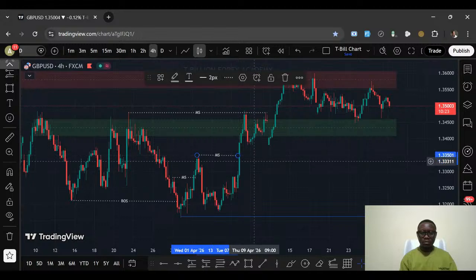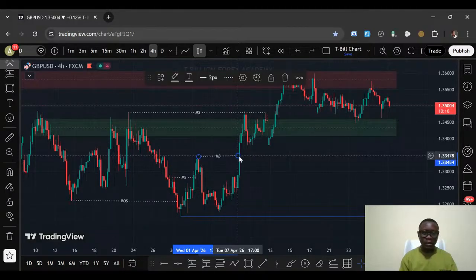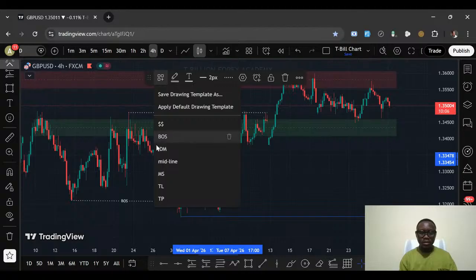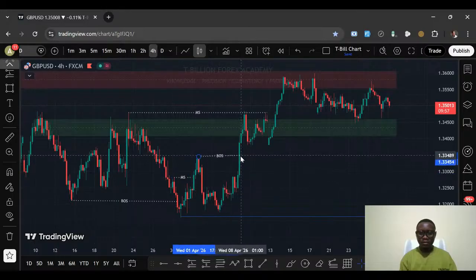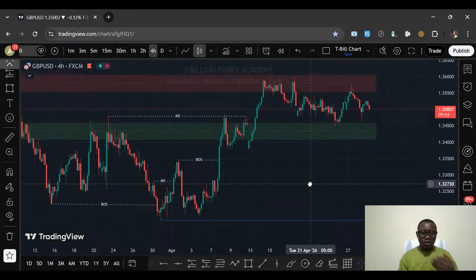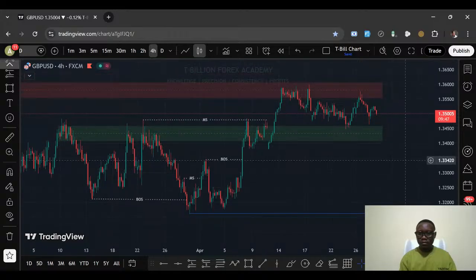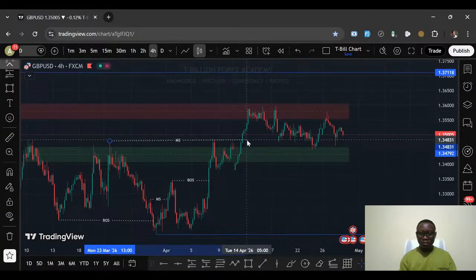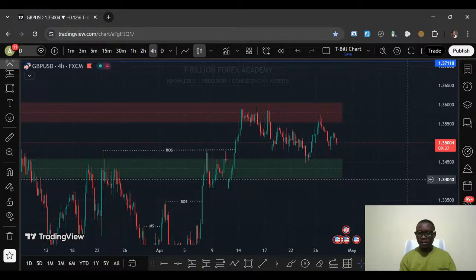We got this break of structure to the downside, and this becomes a break of structure on the 4H time frame.